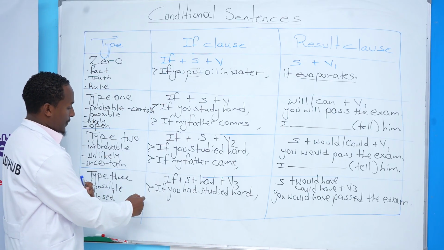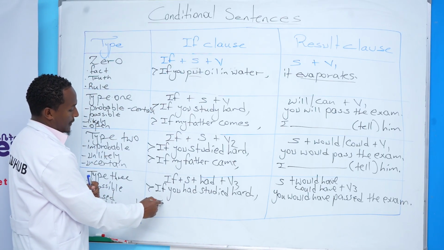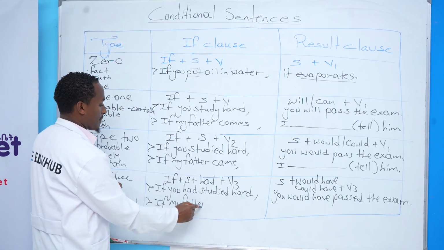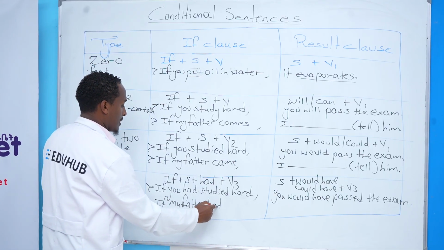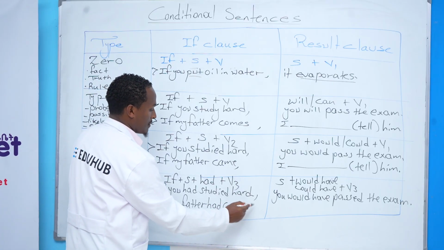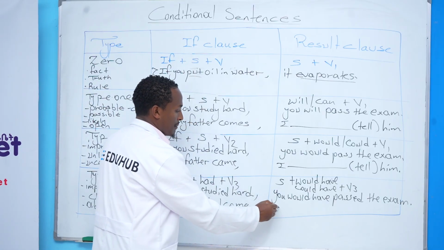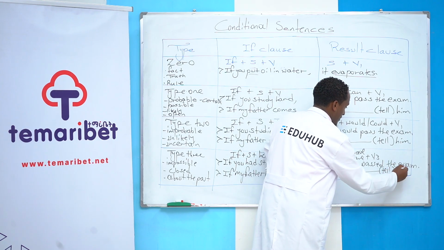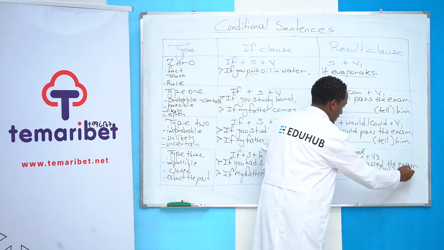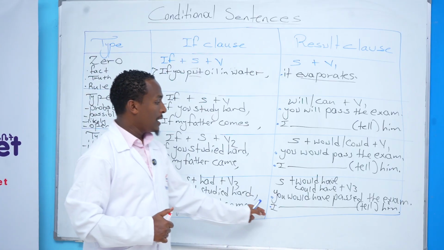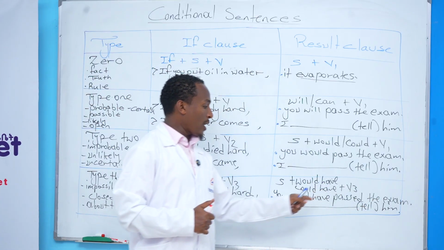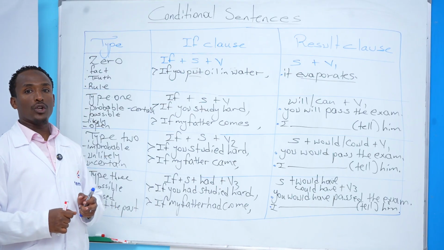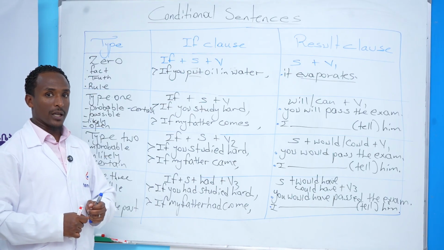What about if my father had come, I blank again tell him something, okay? If my father had come, I blank tell him. You are going to finish this idea by using conditional type 3.